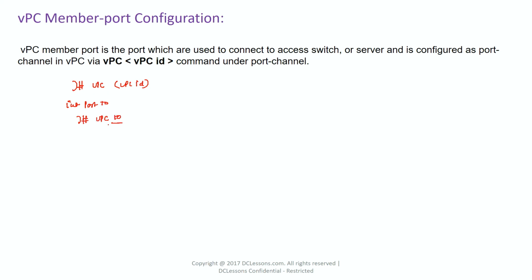This port channel may contain up to 8 ports if we are using an M1 card, or 16 ports if you are using an F1 or F2 card, right? This port channel is a layer 2 trunk port or access port. When it is used as a trunk port, we can allow multiple VLANs on it, and when it is used as an access port, we will allow only a single VLAN, right?